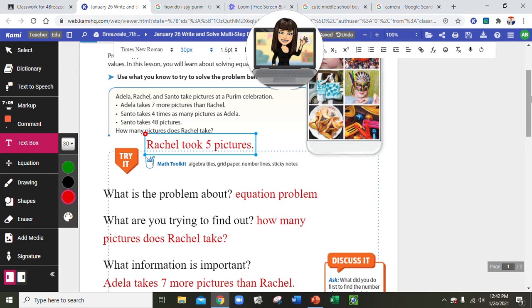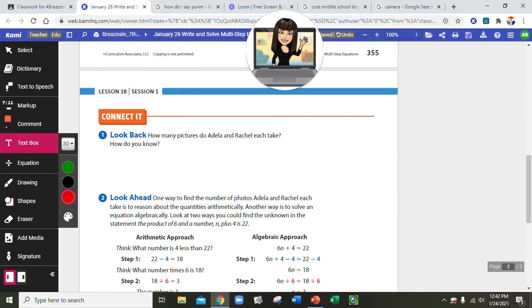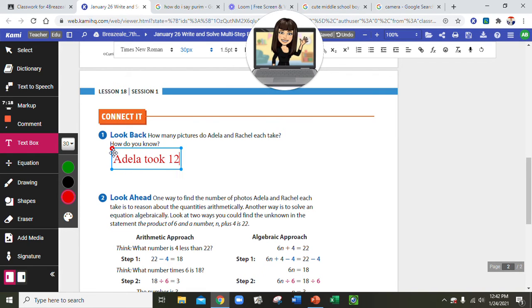Okay, so there's our answer. And now we're going to go down here and respond. So we know that Adela took 12 and Rachel took 5.